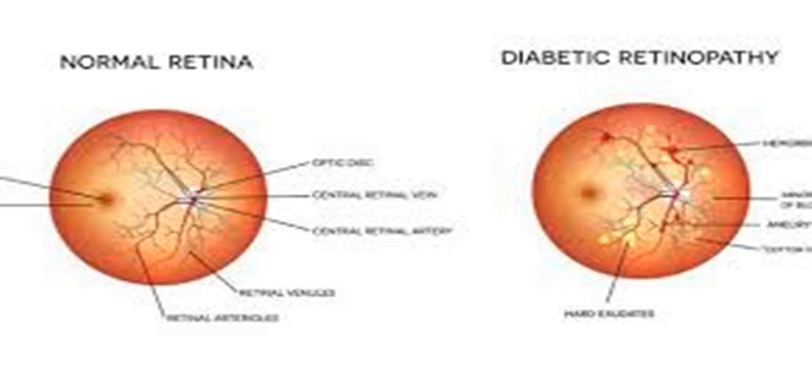Bleeding into the jelly-like fluid that fills the center of the eye, vitreous, which can cause sudden vision loss. Retinal detachment. Scar tissue caused by proliferative retinopathy can pull the retina away from the back of the eye, leading to severe vision loss or blindness. Blindness. Untreated diabetic retinopathy can eventually lead to permanent vision loss.